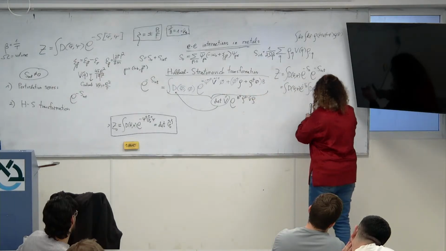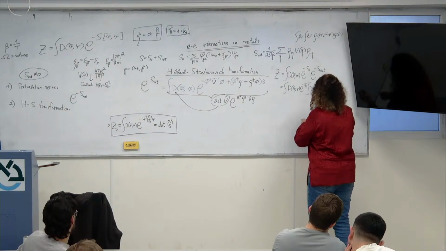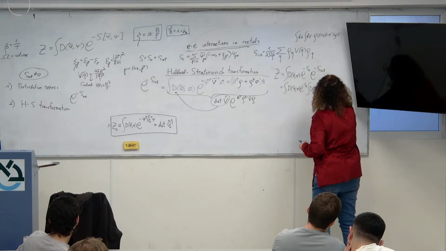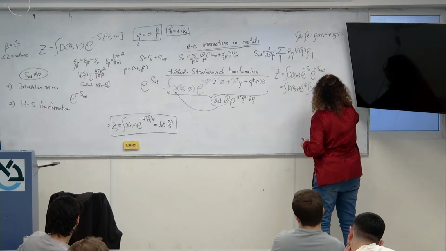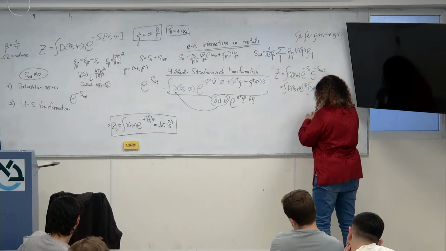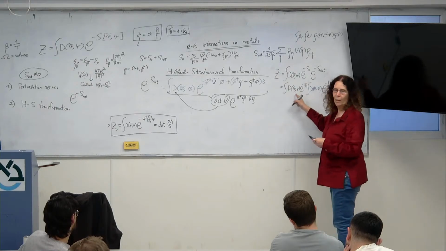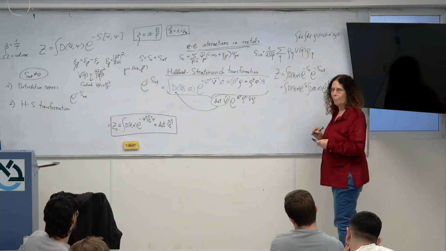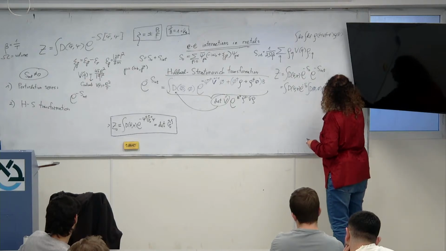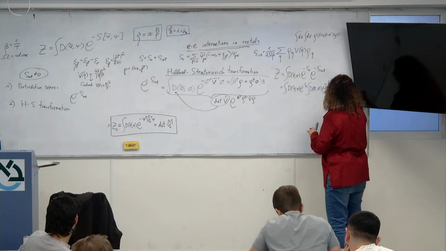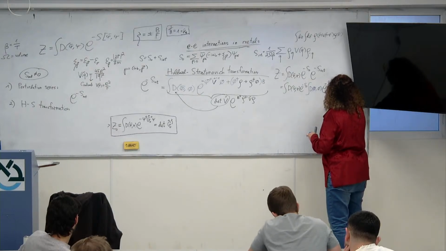So now what do I have in this integral? I have e to the minus delta S, and this delta S depends on both psi and phi. It's a function of psi bar psi, but it also depends on phi bar phi.